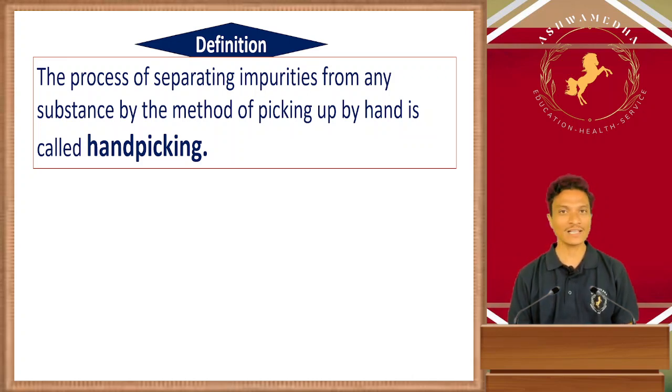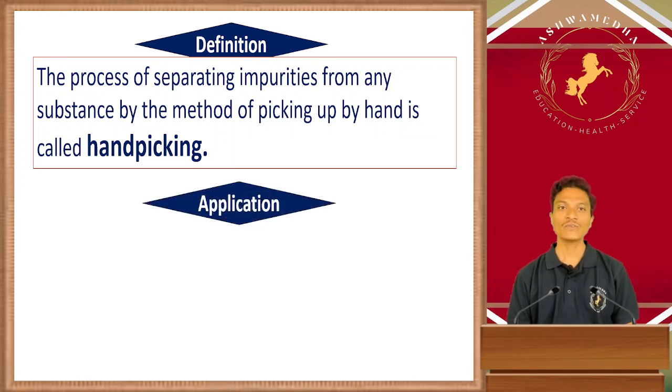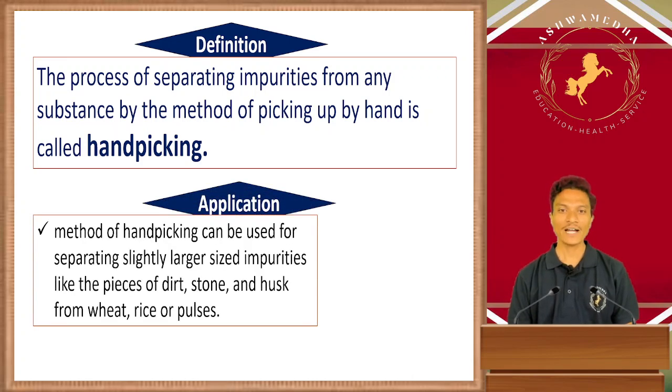Yes. Whatever we are learning, we need to apply it somewhere. Already we have learned where it is applied. Now let us give it a definite frame. See, application of handpicking. The method of handpicking can be used for separating slightly larger sized impurities like pieces of dirt, stone and husk from wheat, rice or pulses.